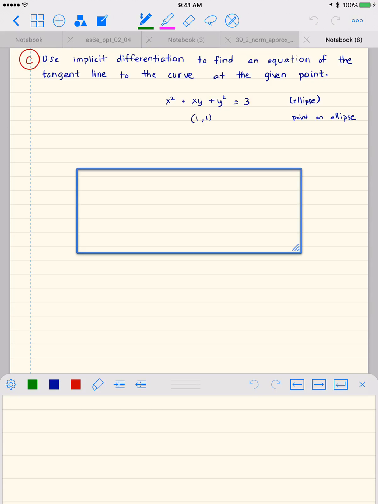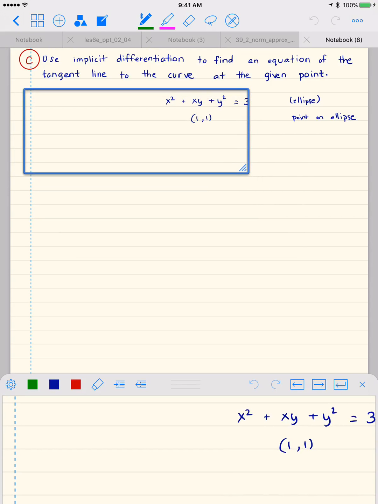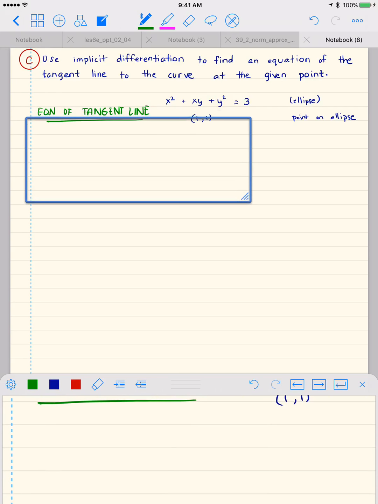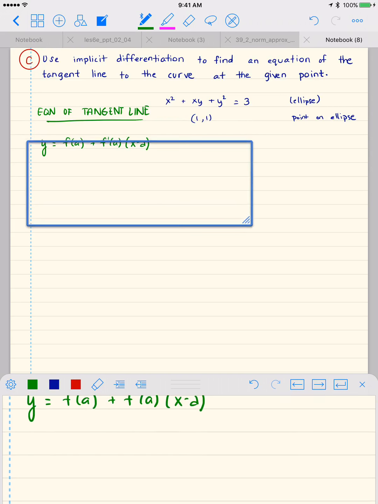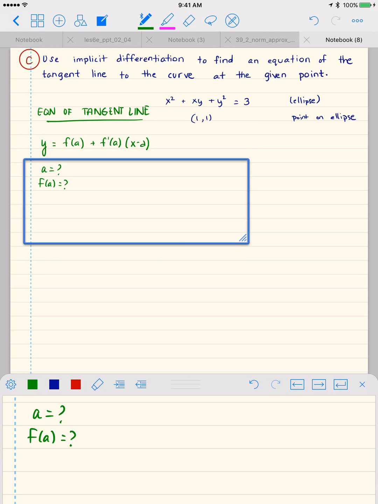So the key fact that we need to know is that the formula we need to use is that the equation of our line, this is the equation of the tangent line, here's the general format: y equals f of a plus f prime of a times x minus a. Okay, so we need to figure out what is a, what is f of a, and what is f prime of a.